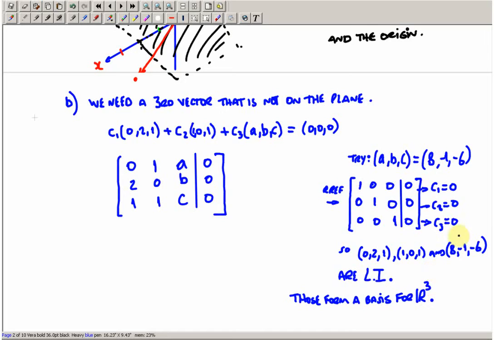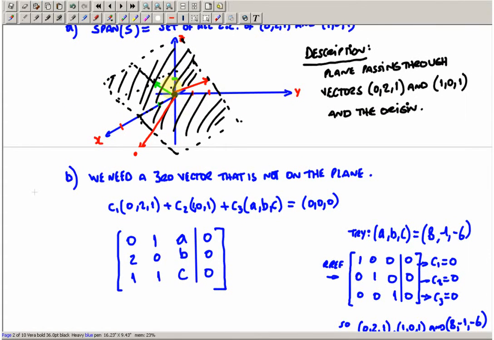And obviously, if it's a basis for R3, it spans R3. Just remember that another way of doing this is to get the cross product of these two vectors. When you do the cross product, you're going to get a vector that is not on the plane. In fact, it's going to be perpendicular to the plane.